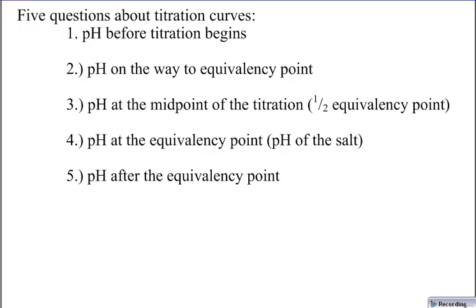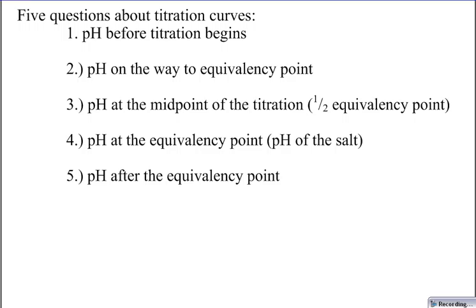Whatever the standard solution is, if it's the acid or the base, that's going to start at 0. So this is one of the times where the math department will not like me, because I'm going to tell you to put 0 in the denominator if the base is what you're titrating with, or in the numerator if the acid is the standardized solution.